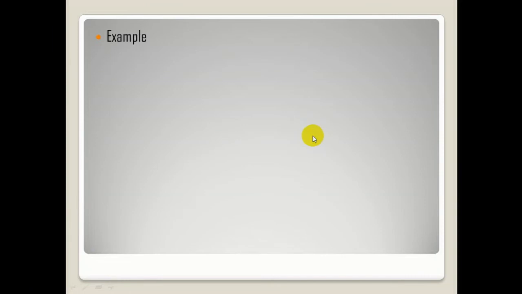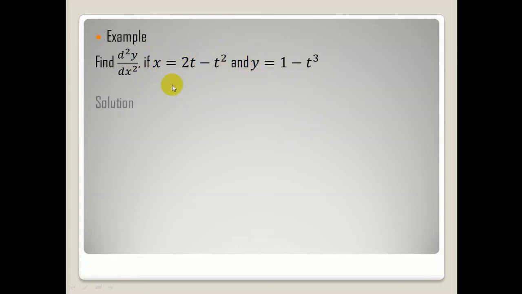Example. Find the second derivative if x equals t minus t squared and y equals 1 minus t cubed. So you need to find the first derivatives, dx over dt and then dy over dt.